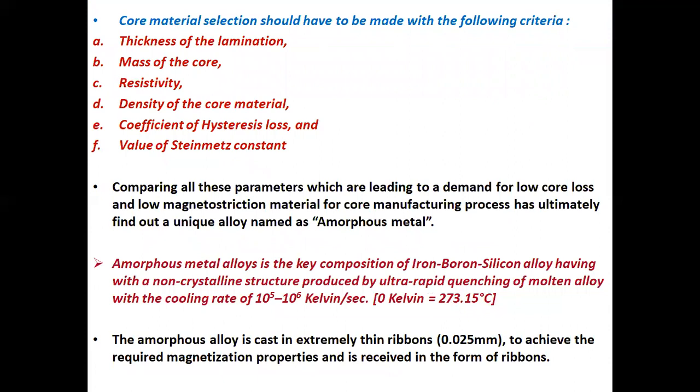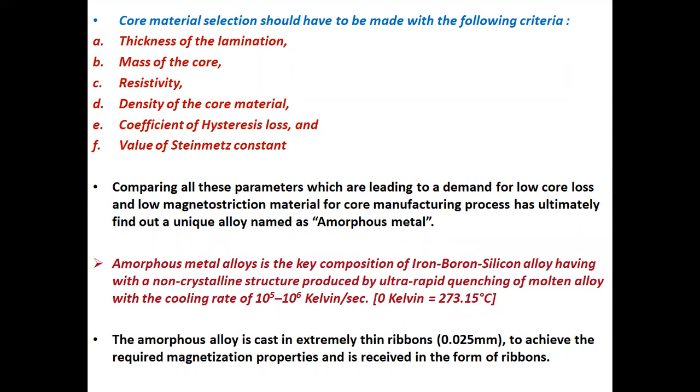Core material selection should be made with the following criteria. A, thickness of the lamination. B, mass of the core. C, resistivity. D, density of the core material. E, coefficient of hysteresis losses. And F, value of the Steinmetz constant.